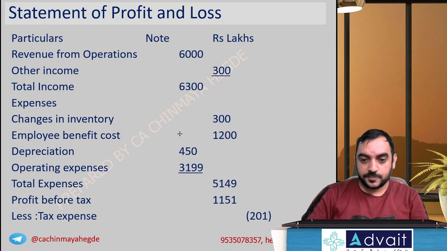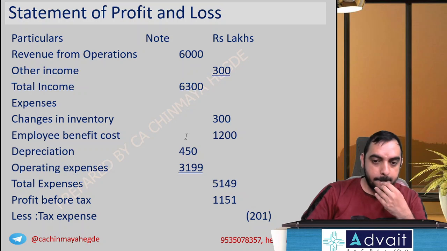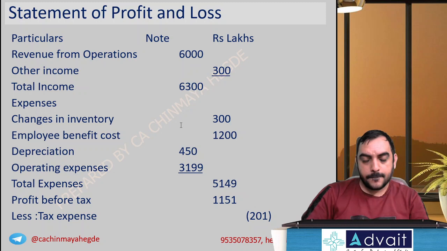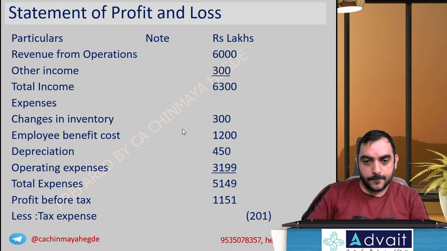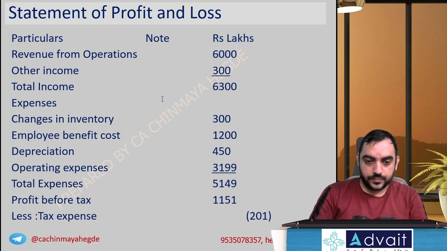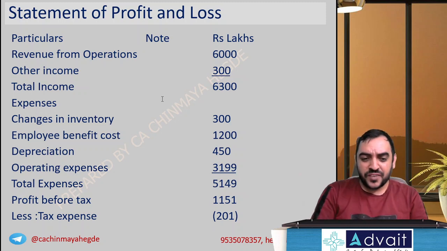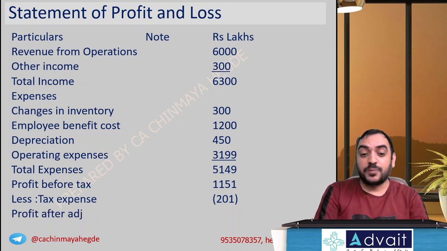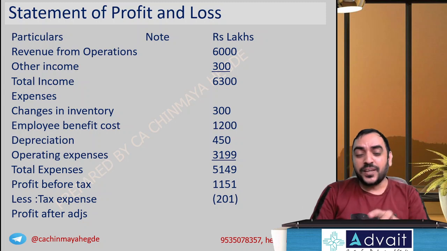Profit after tax. In fact, the amount given in the problem and this profit after tax perfectly match in spite of adjustments, because two adjustments were there which offset each other. 300 rupees other income we have taken and 300 rupees inventory written down.